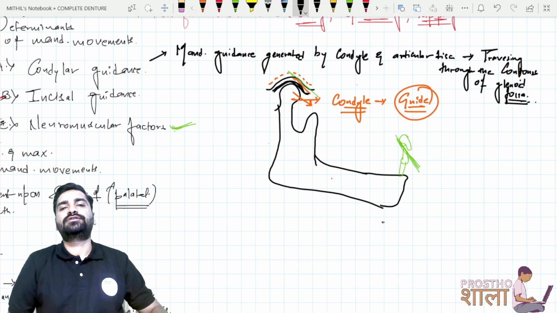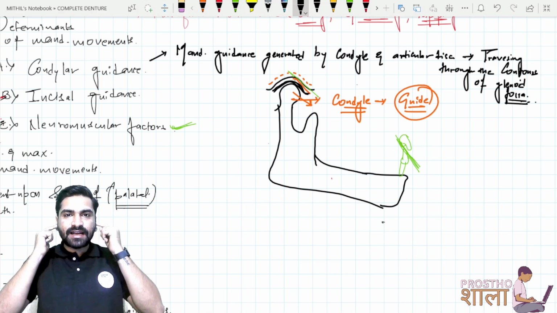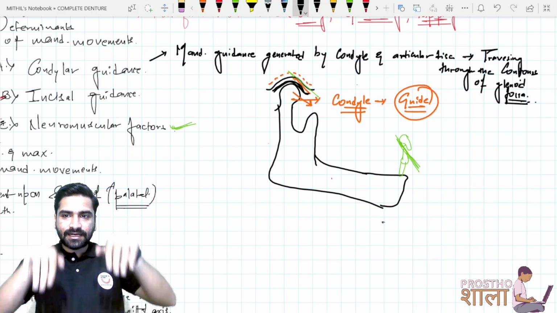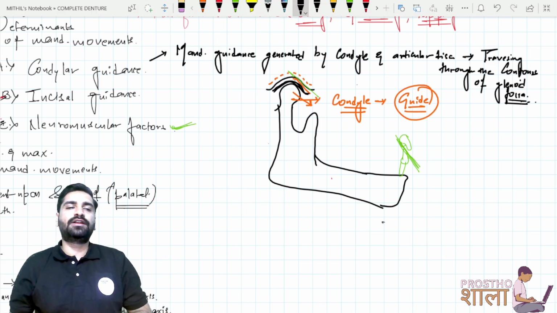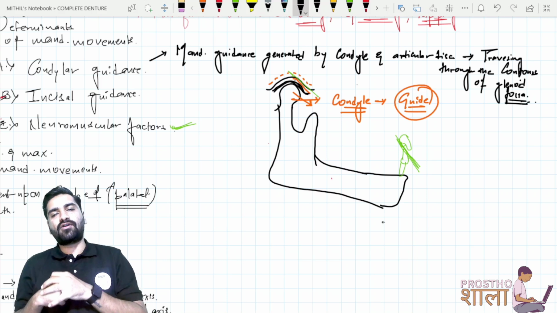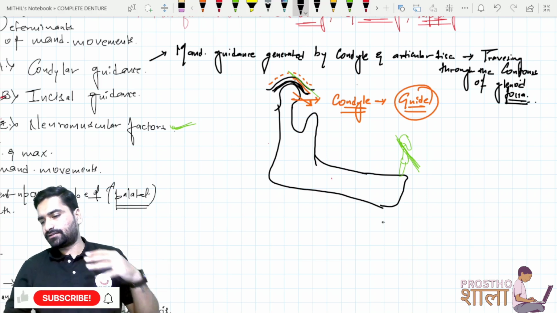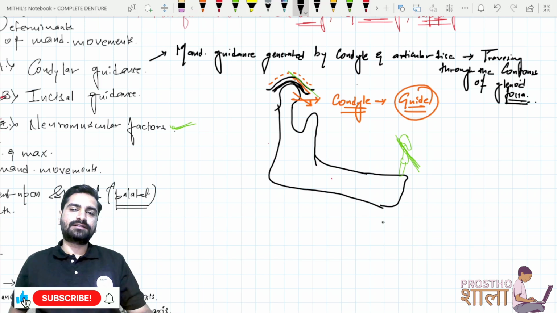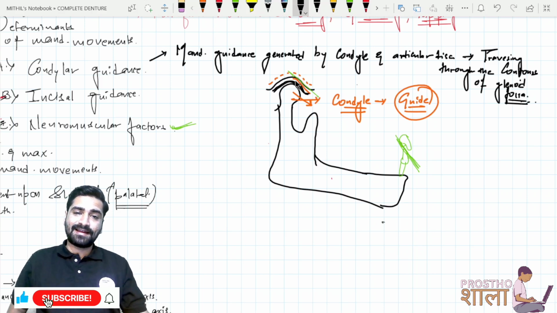So any mandibular guidance which is generated by the condyle as well as the articular disc traversing through the contours of the glenoid fossa. So in short, anything which guides the condyle to traverse or to pass down to cause the mandibular movements is a mandibular or condylar guidance. This slope is usually an S-shaped slope, right?